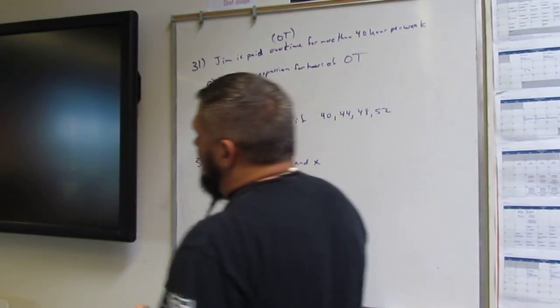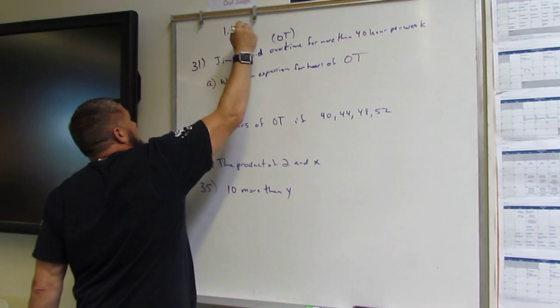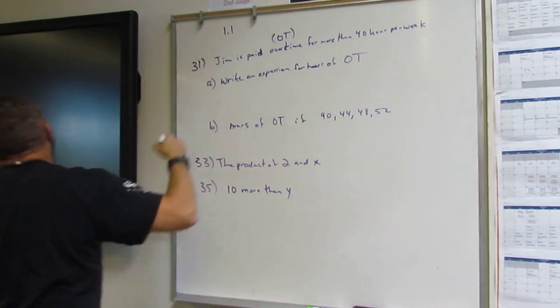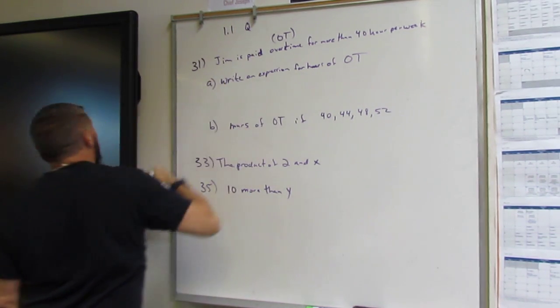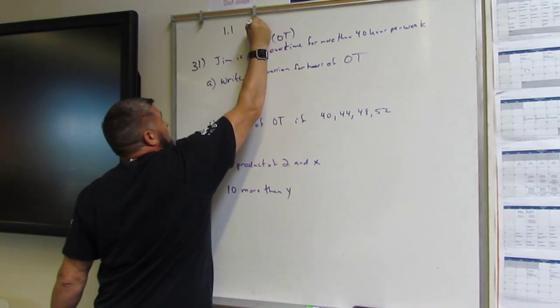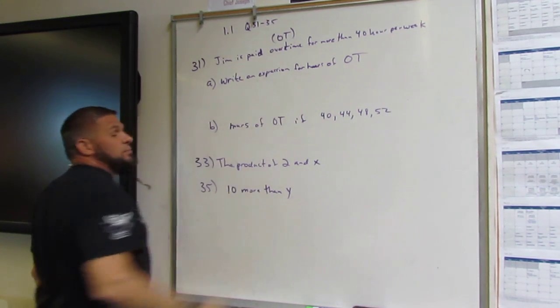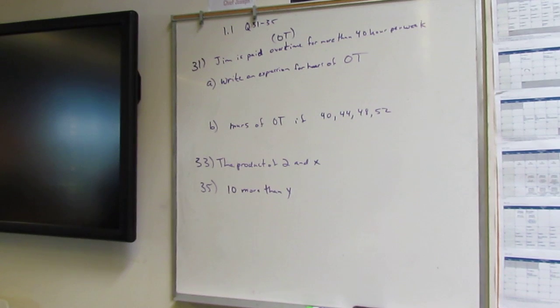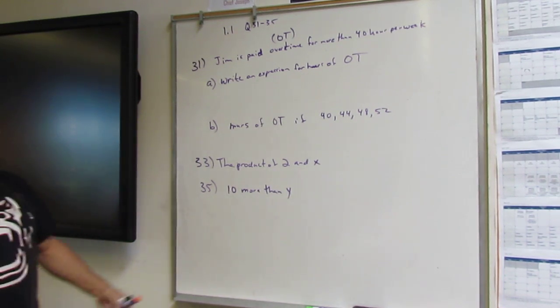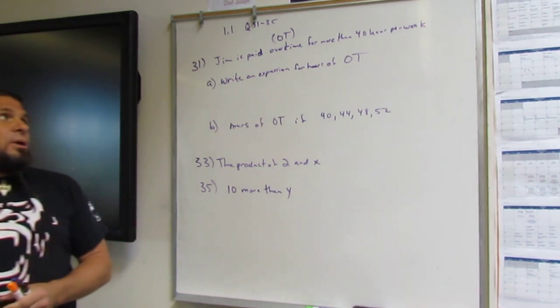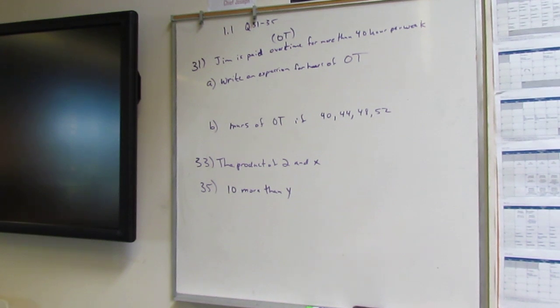We have homework 1.1, and this is going to be questions 31 through 35. Okay? And so Jim is paid overtime for more than 40 hours a week. Okay?